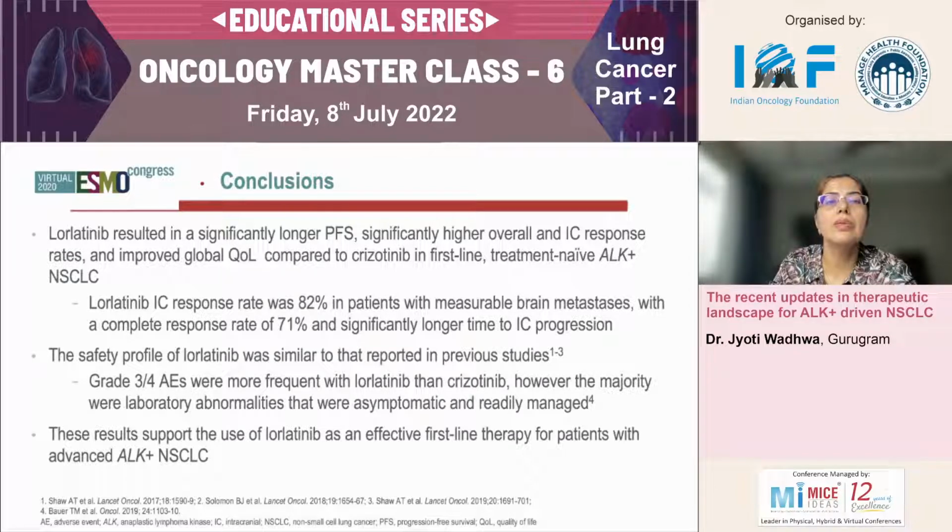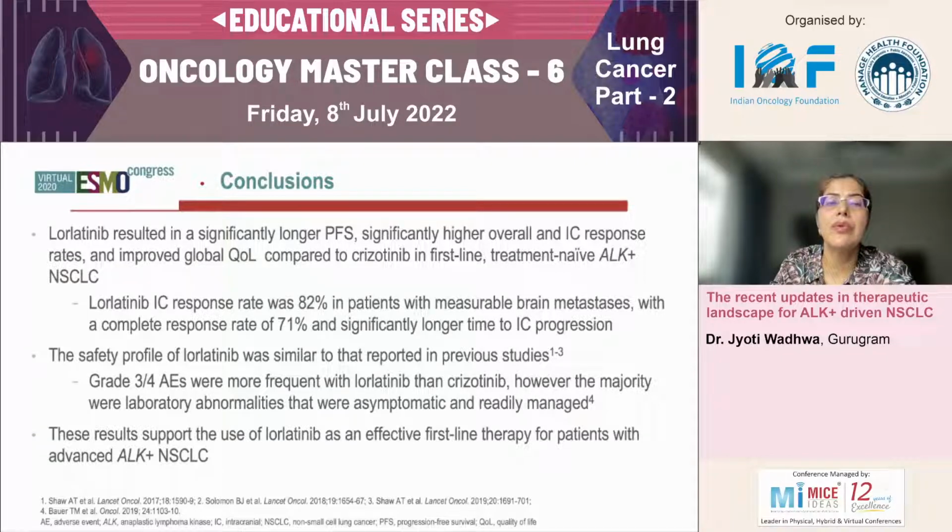They are peculiar, however, they are manageable if one is aware. So in the CROWN study, a phase 3 study, lorlatinib was found to result in significantly longer PFS, significantly higher overall and intracranial response rate, and improved global quality of life. Intracranial response rate of 82% with a CR rate of 71% is quite stellar.